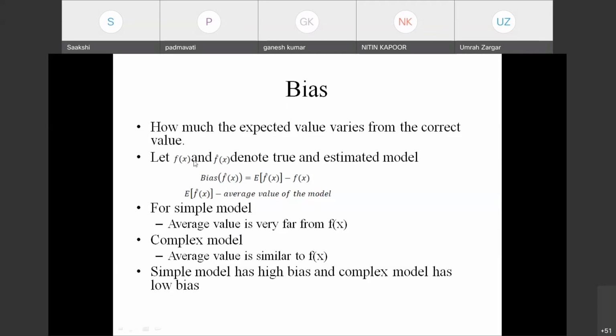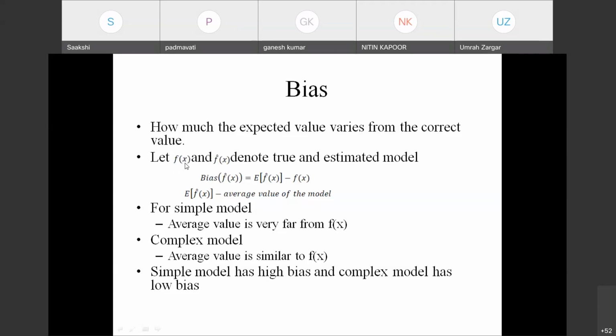f of x is the true model, and because I don't know what f exactly is, I try to estimate f based on some parameters, and I get f hat. This f hat I try to predict so that it is closer to f, right? So we have two different models.